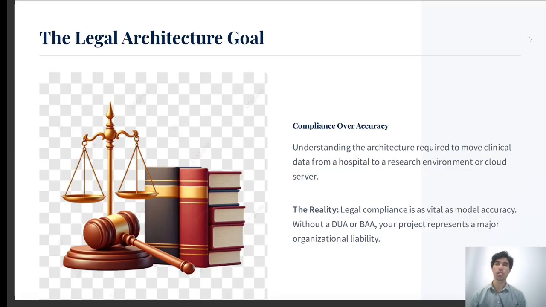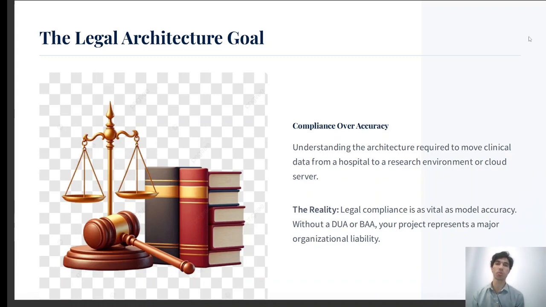So the goal of this legal architecture is to prioritize compliance and to comply with the law. And to do that, we need to understand the architecture required to move our clinical data from our hospital environment to a research environment or a cloud server. And the reality is that legal compliance is as vital as model accuracy.